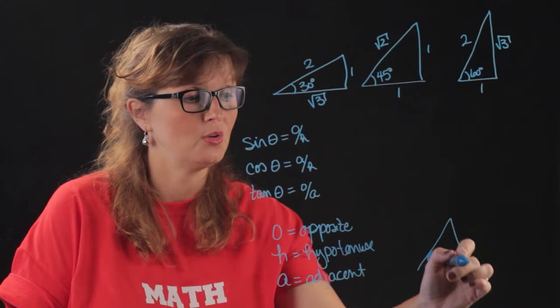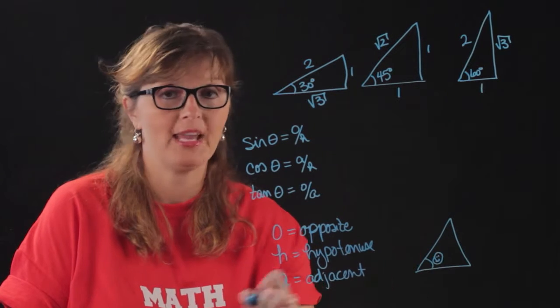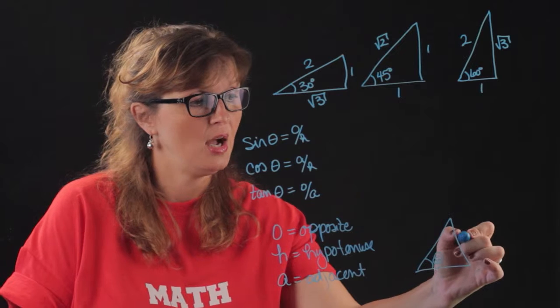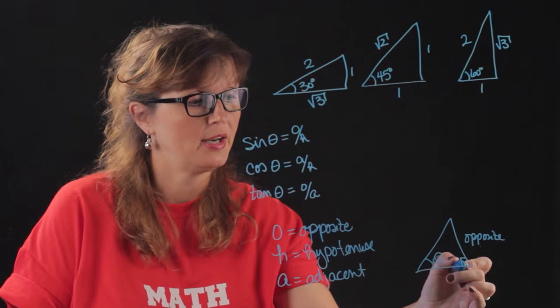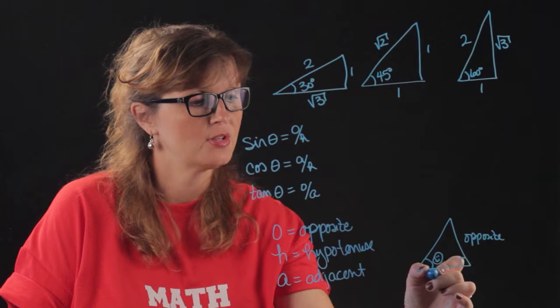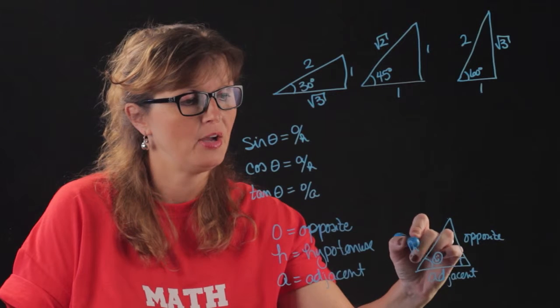So in a triangle, if this is your special angle, there he is, little happy angle. This is the opposite. Here's my right angle. It's a little crooked. Here is my adjacent side. And here's the hypotenuse.